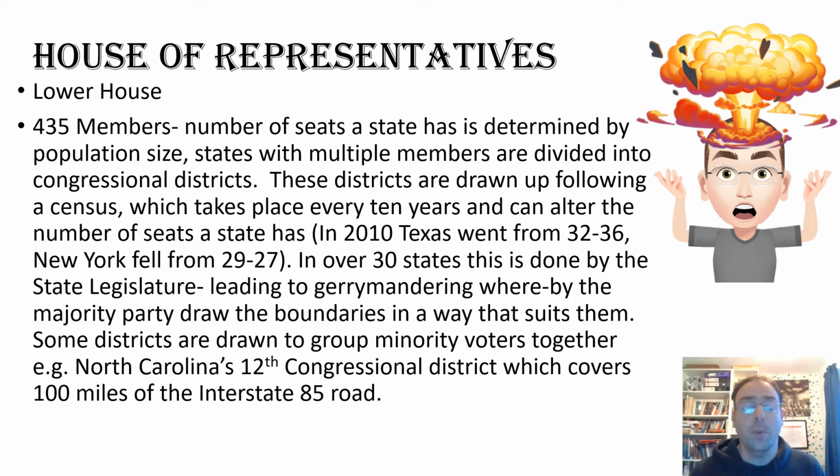Some districts are drawn up around particular groups, grouping minority voters together. We've seen an example of this in the 12th Congressional District in North Carolina, which covers, rather bizarrely, a 100-mile stretch of the Interstate 85 road, which has a series of towns going along it that predominantly have black voters in them. So they're drawn up in some weird and wonderful ways.